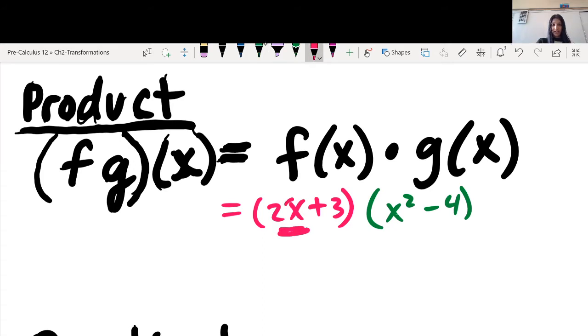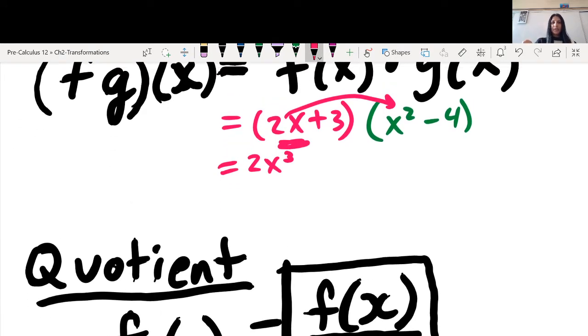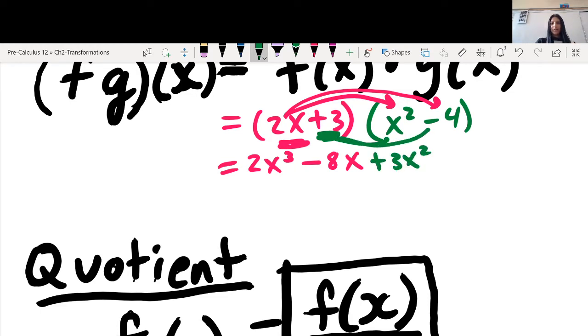So 2x times x squared would be 2x cubed, and then 2x times this is going to be minus 8x, and then I'm going to move on to this and say plus 3x squared, and then minus 12.